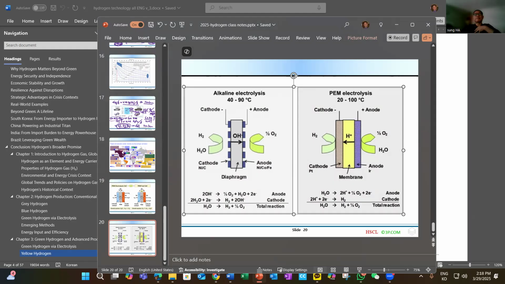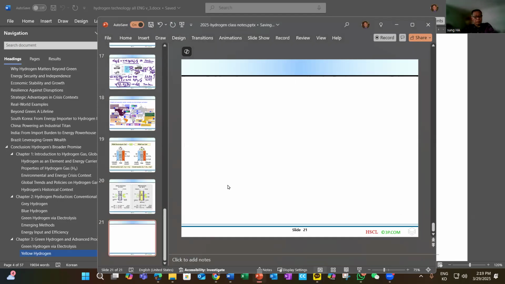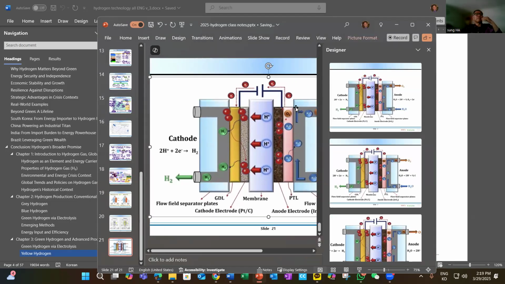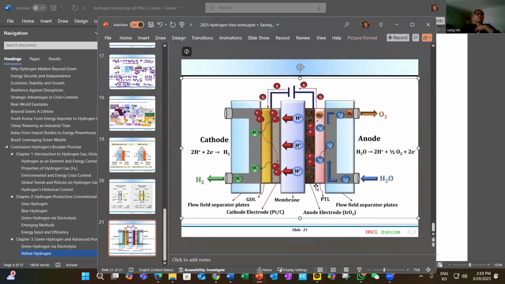Okay, well, same explanations, but I'd like to focus more on the PEM, proton exchange membrane.